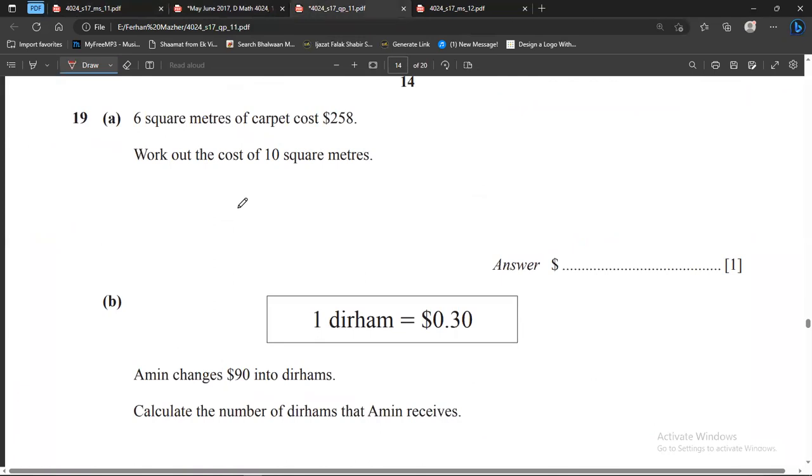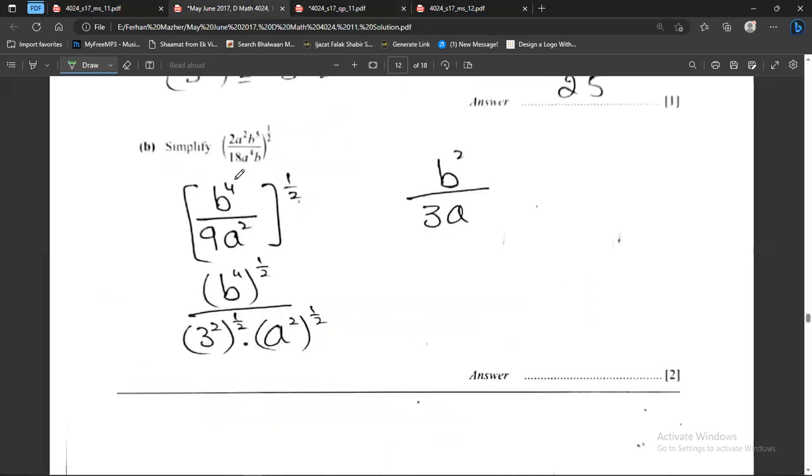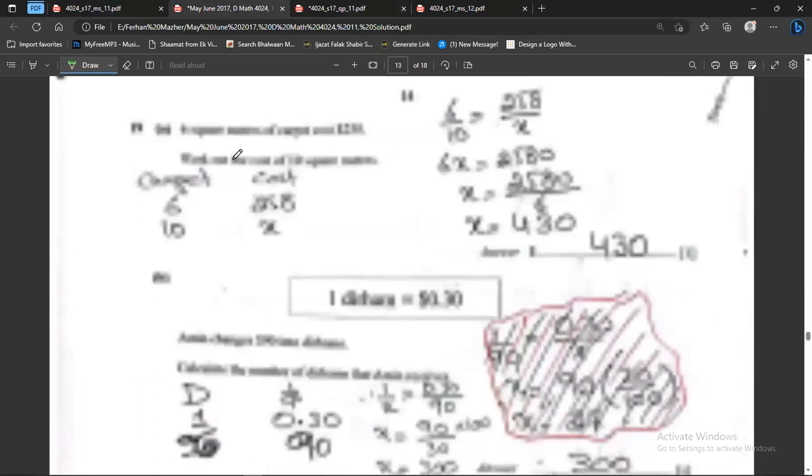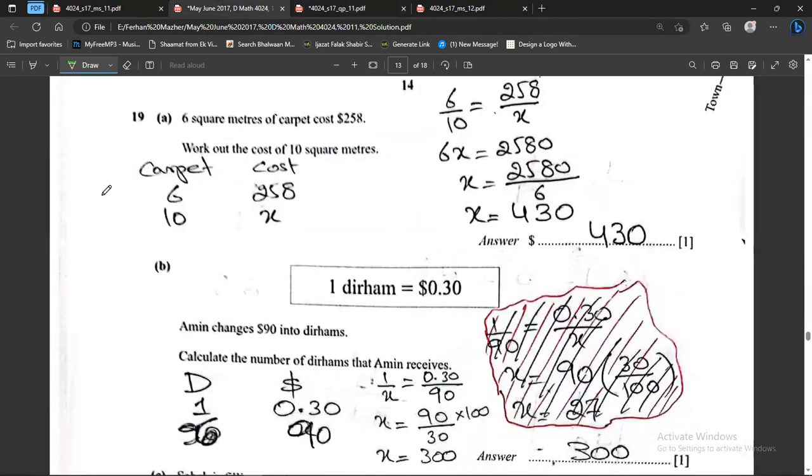He says, question number 19A part, 6 square meter of carpet costs $258. Work out the cost of 50 square meter carpet. So very simple. It's a game of proportionality. So the carpet and the cost, if the carpet is 6 square meter, the cost is 258.